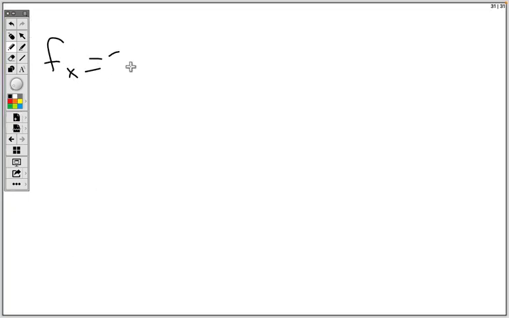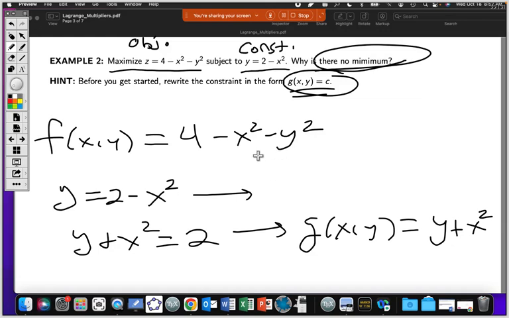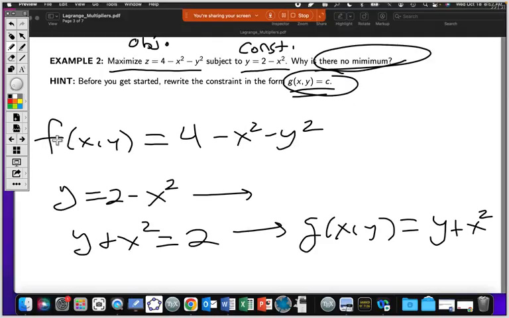I need fx to be lambda gx, fy to be lambda gy, and then we have our constraint. Okay, so here we go. Fx, same fx and fy as before, negative 2x, negative 2y. Lambda gx, what's gx here?